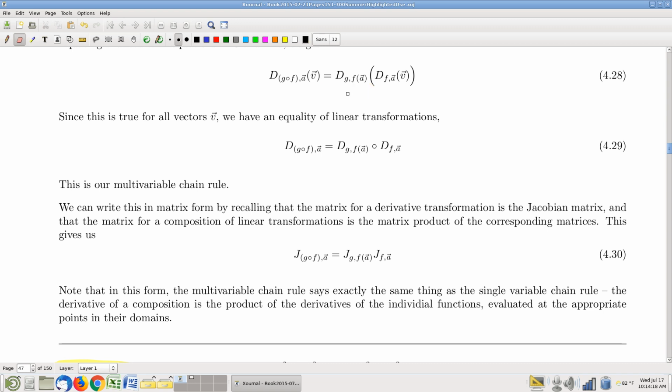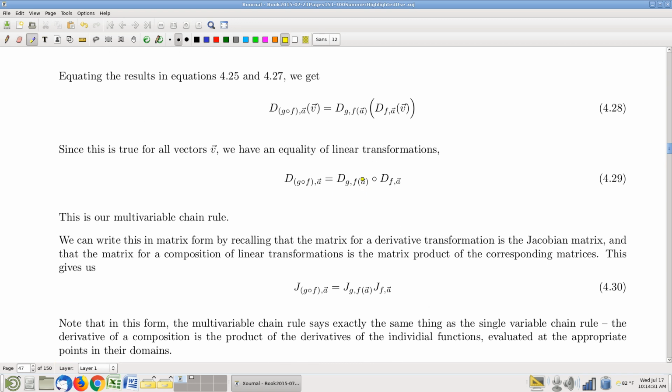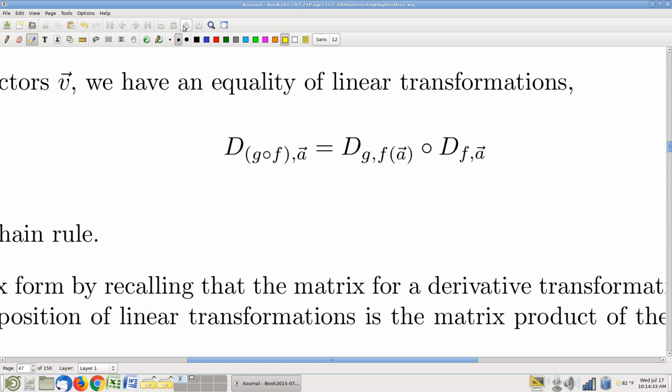And notice what that means is this successive application of these derivative transformations means that we are, in fact, composing those derivative transformations. So we get a very elegant little formula here, which is that the derivative of a composition is the composition of the two individual derivatives. How nice is that? Everybody good? This is just algebraically writing down what we argued in that picture.